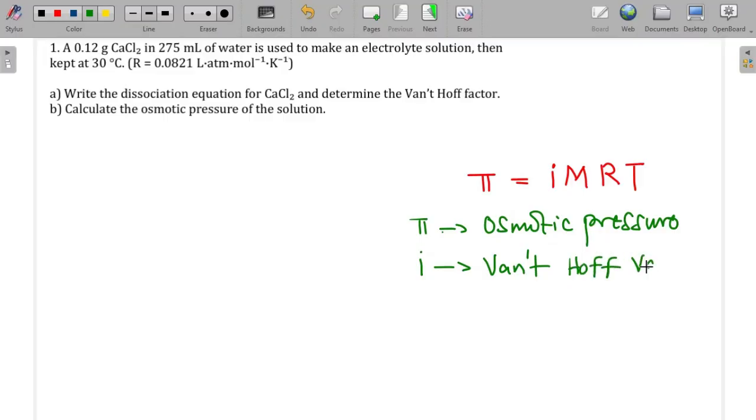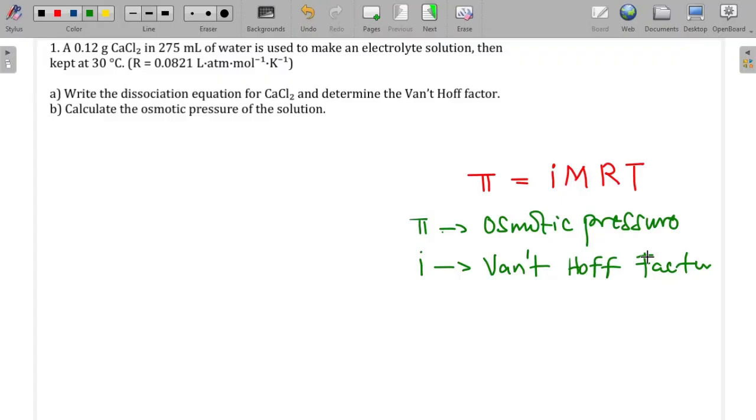So this Van't Hoff factor, what is it by definition? The Van't Hoff factor is simply a measure of the effect that a solute has on the colligative properties of a solution. The colligative properties of a solution include the osmotic pressure, like the one we're calculating here, the boiling point elevation, the freezing point depression, and the like.